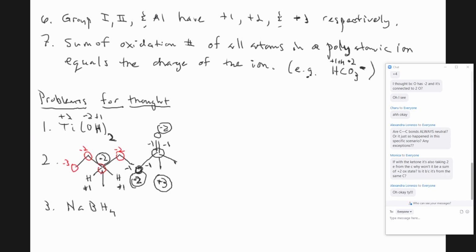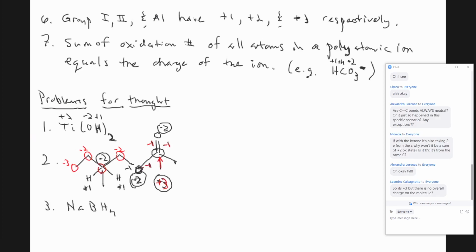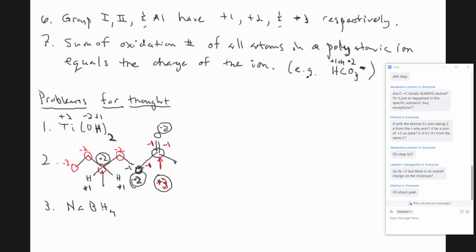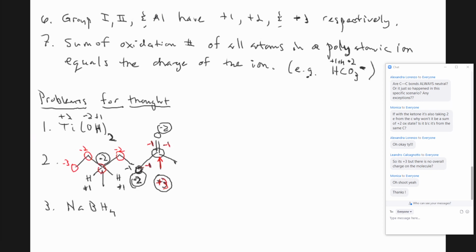So this oxygen on top is taking a -1 and a -1. So that's -2. And this oxygen is taking one more. So that's why it's a +3 on this carbon. There's no overall charge, right? Remember, these are all dipoles that we're talking about here.